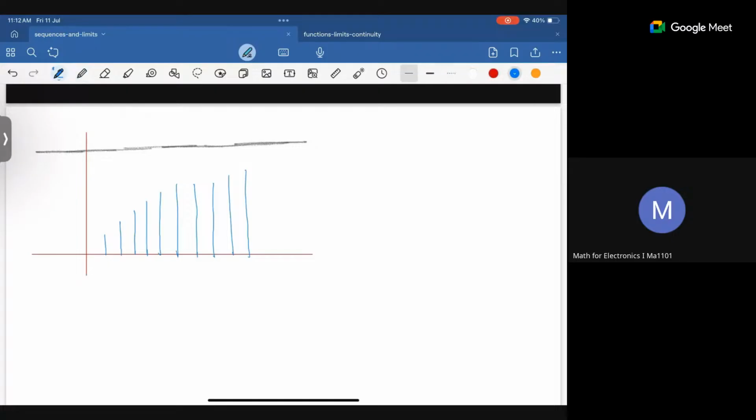So there is one condition that the sequence is non-decreasing, meaning it either increases or stays constant, but you should not cross this black line. If I keep on increasing, I will cross that black line. So I can't keep increasing as n tends to infinity, because it is given that it is bounded above and also non-decreasing.